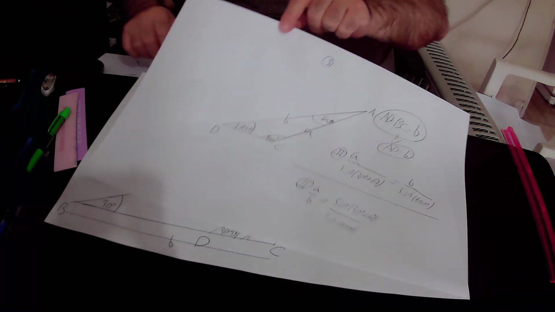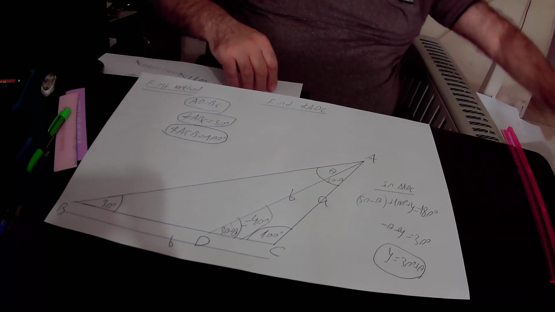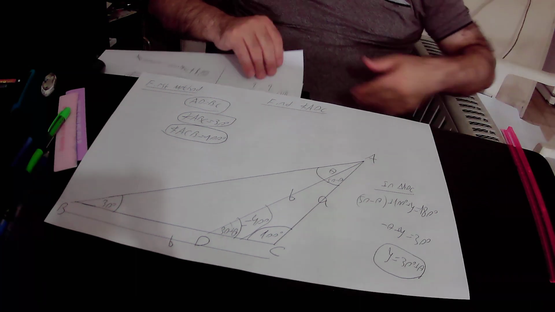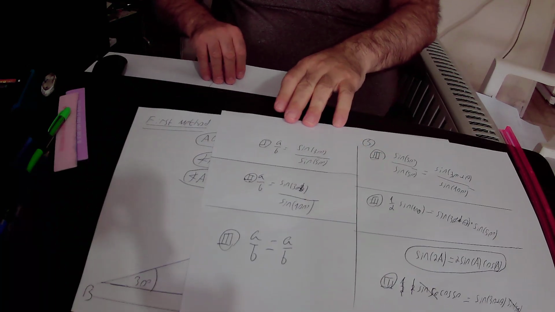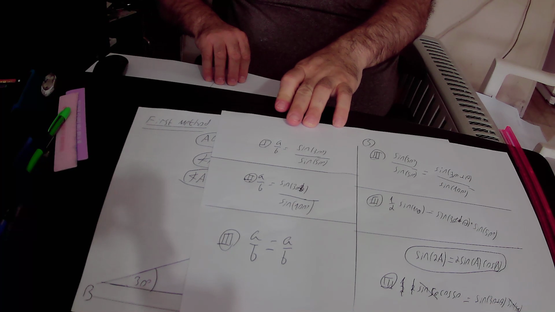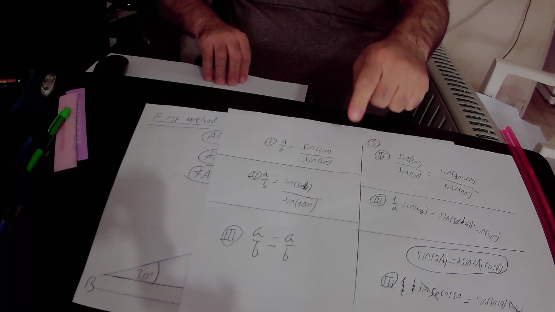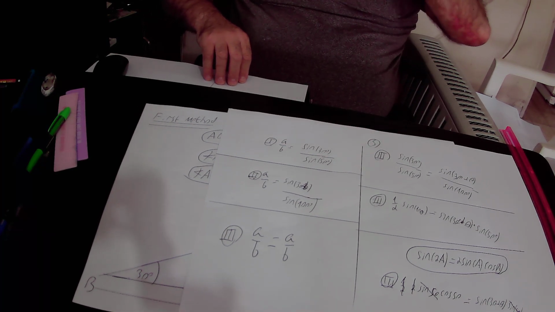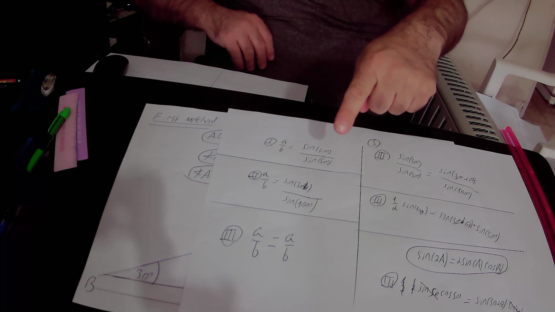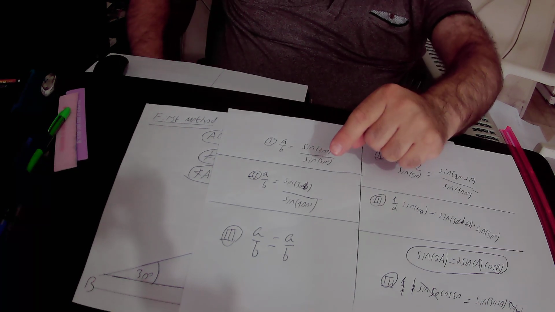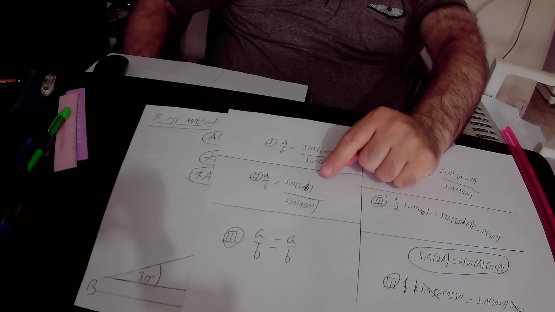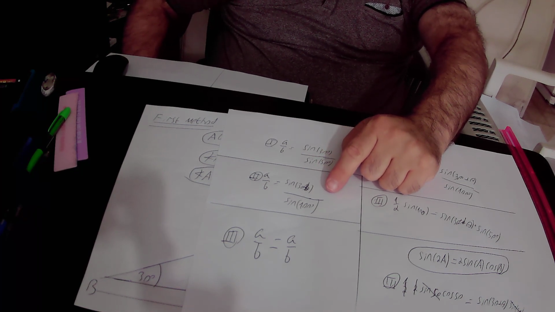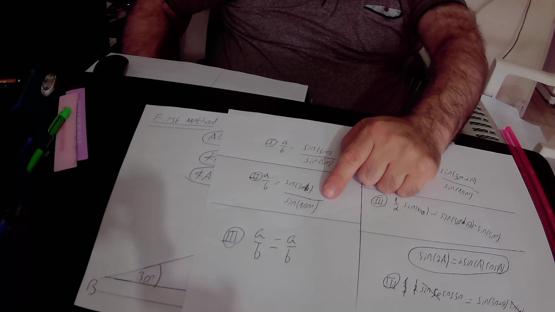So we created here two equations. According to equation number 1 that we created, A over B equals sine 30 degrees over sine 50 degrees, and according to equation number 2 that we created just now, A over B equals sine 30 degrees plus theta over sine 100 degrees.